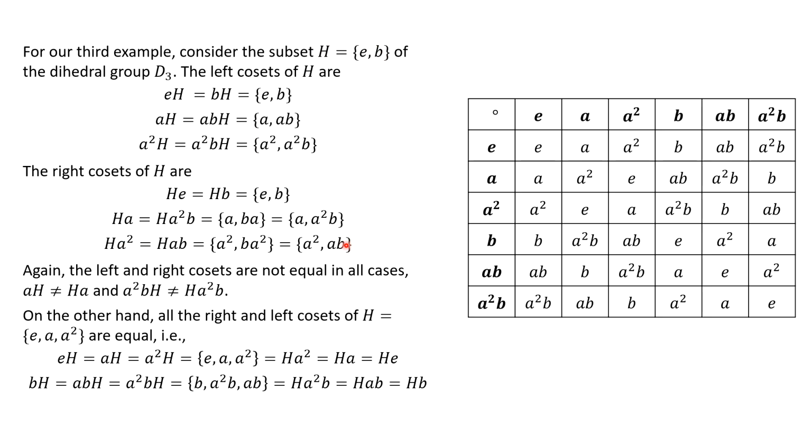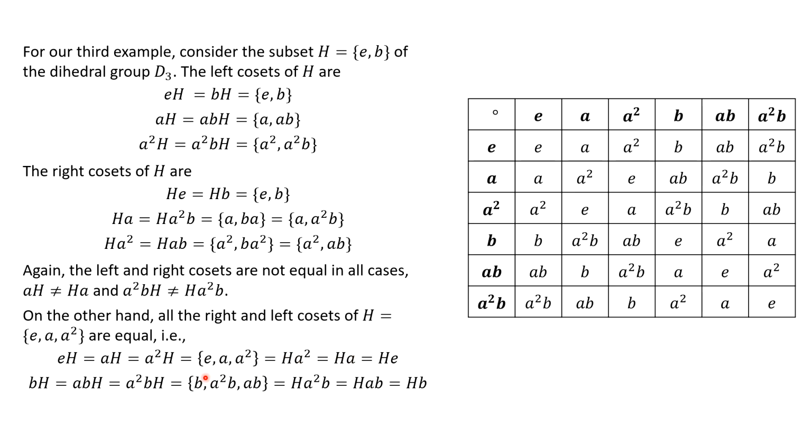So the left and right cosets for the same element from G are not always equal when we take H to be {E, B}. And if we take H to be {E, A, A squared}, the identity, A and A squared, actually the left and right cosets are equal in that case. And I went through and computed them here.